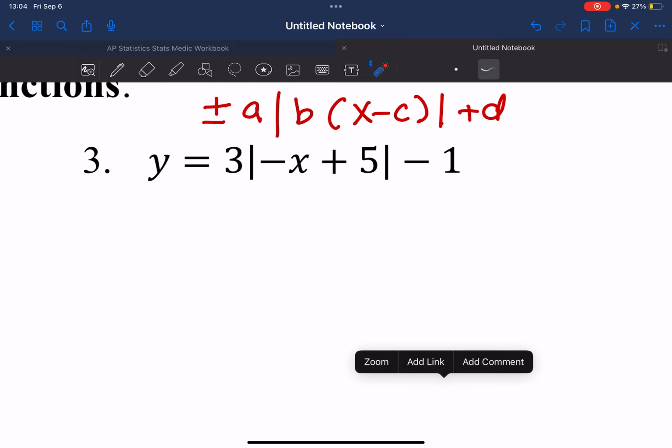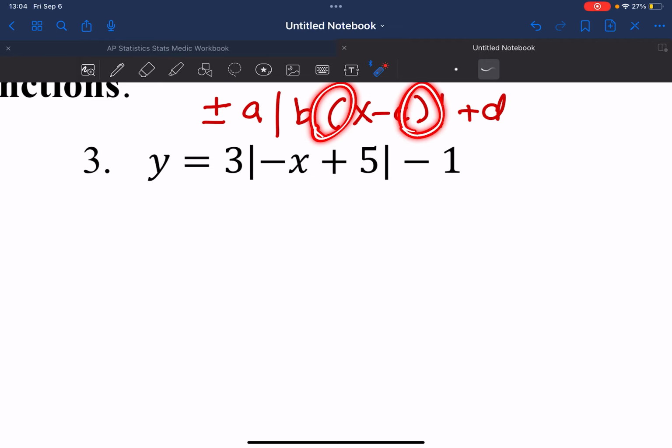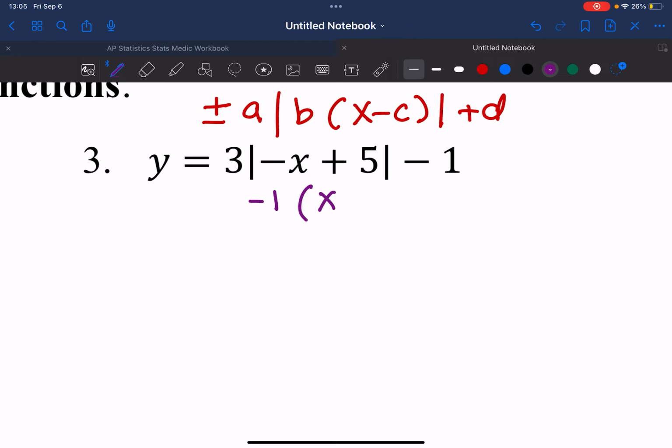However, I can't just write that my B value is -1 and my C value is -5 because I'm missing these parentheses here. So we have to remember back to Algebra 1, and before we start this, we are going to have to factor out that negative, so we have that negative outside of parentheses. Okay, so if I factor out a -1, negative x divided by -1 is x, and 5 divided by -1 is -5.